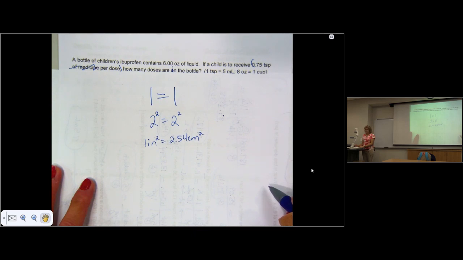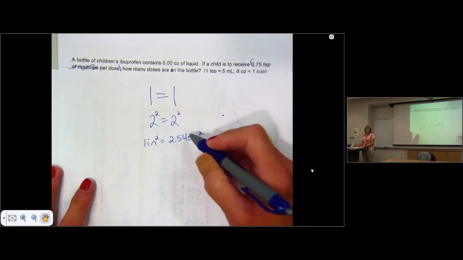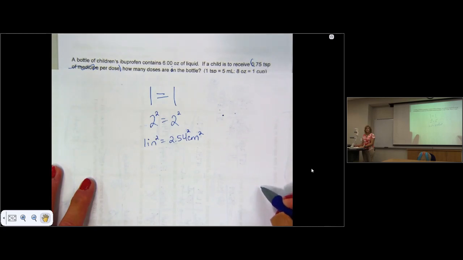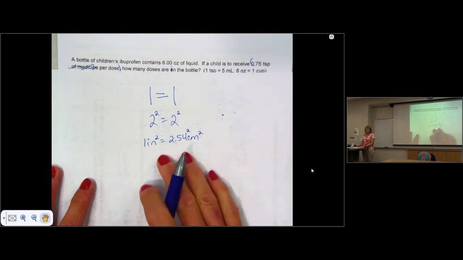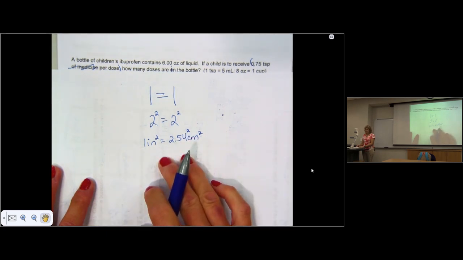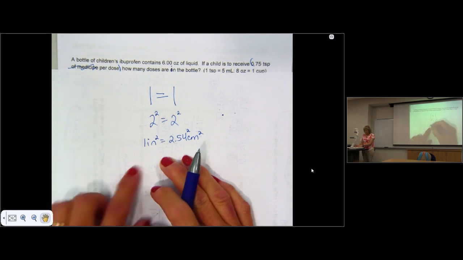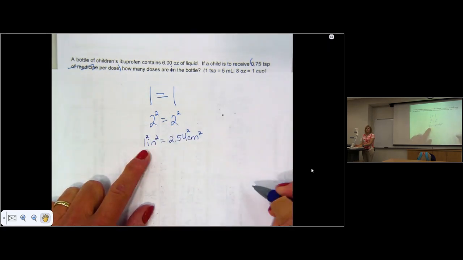In order to make it agreeable, what do you have to do? Square 2.54. Now, some folks still may say, well, I still disagree with that. Well, this is agree. You should agree with this. Why do they not understand it? Because they haven't thought about it too much, and they didn't realize 1 squared is still 1. 1 squared is still 1.